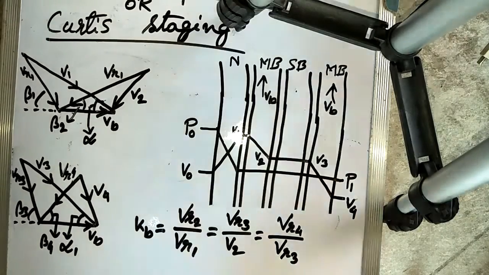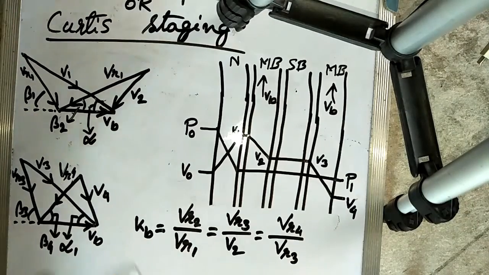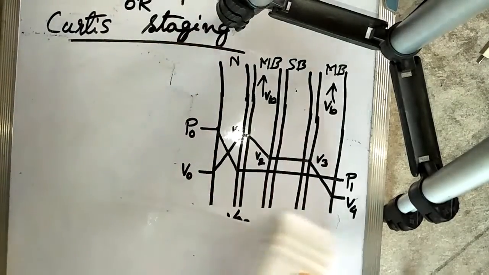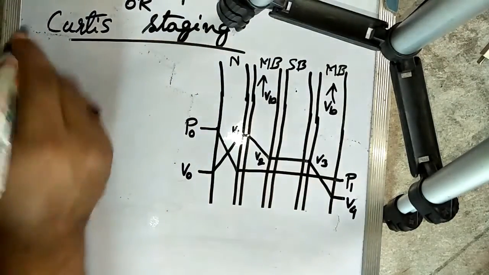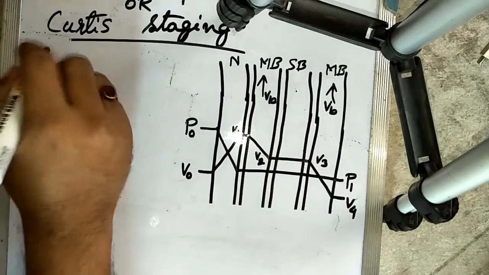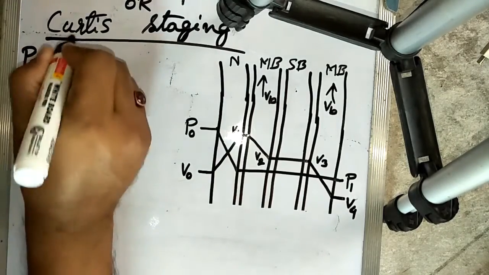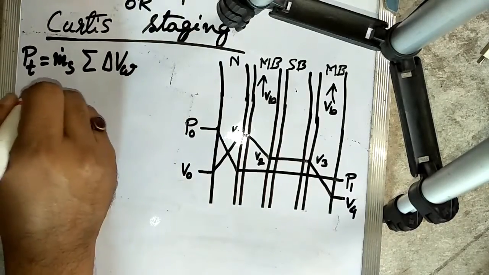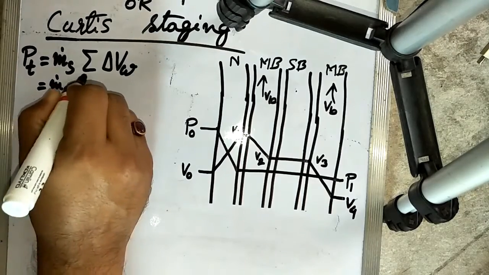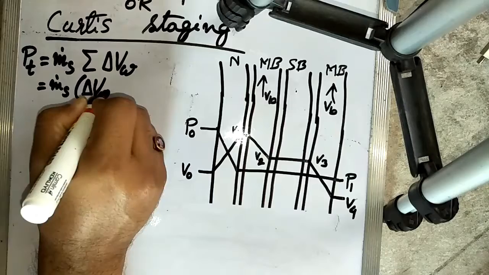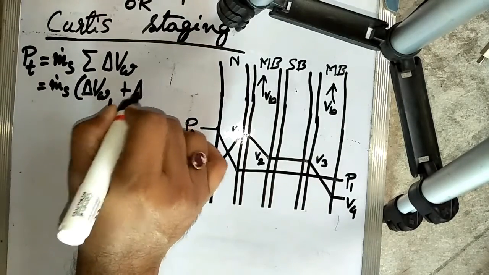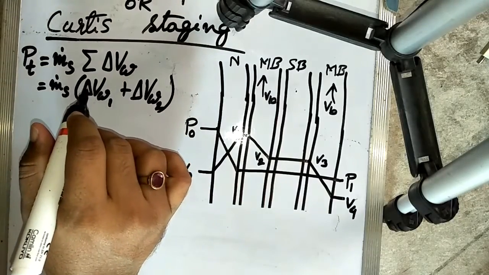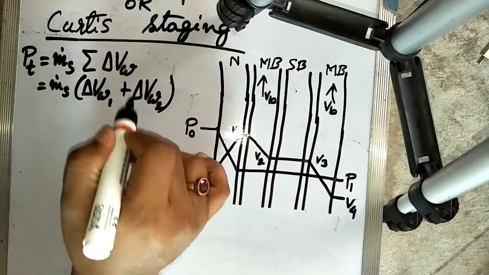So the tangential thrust and the axial thrust can be written as PT is equal to m dot s, the mass flow rate, into summation of del v omega. That means m dot s into del v omega 1 plus del v omega 2, because this one comes from the first velocity diagram and this one comes from the second velocity diagram.